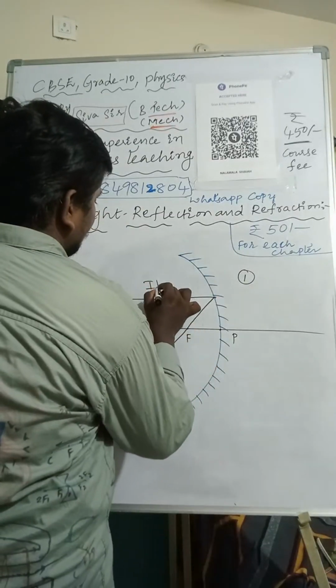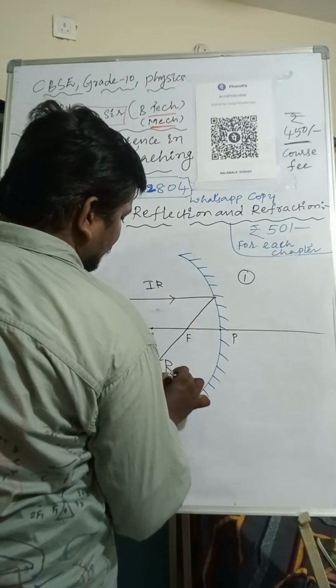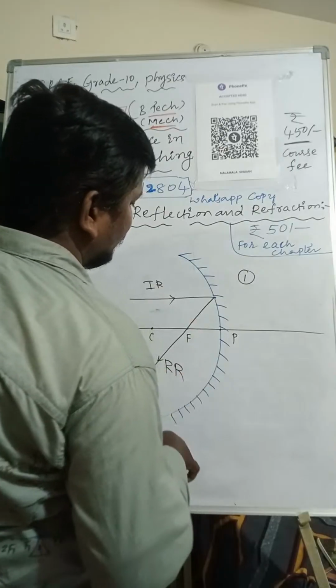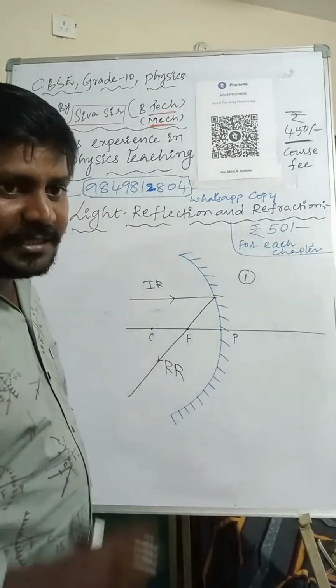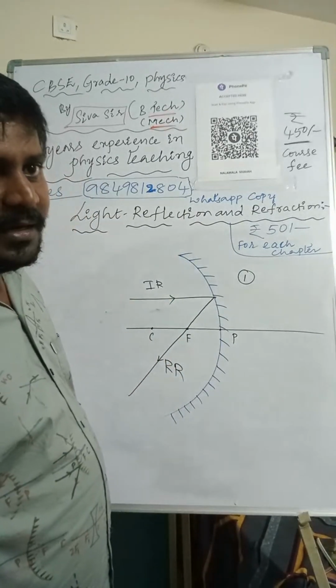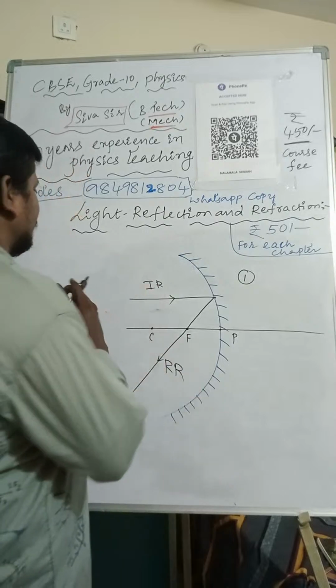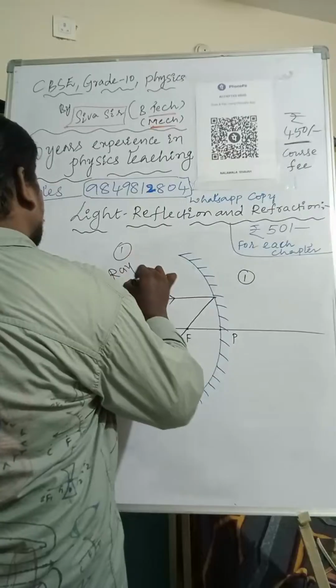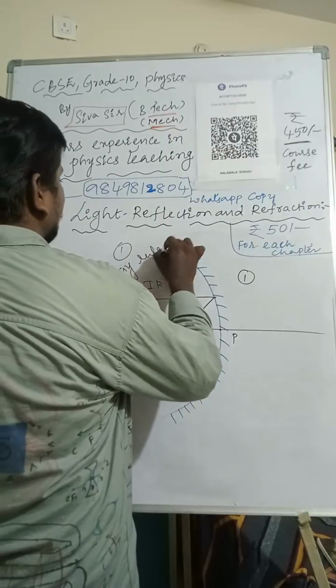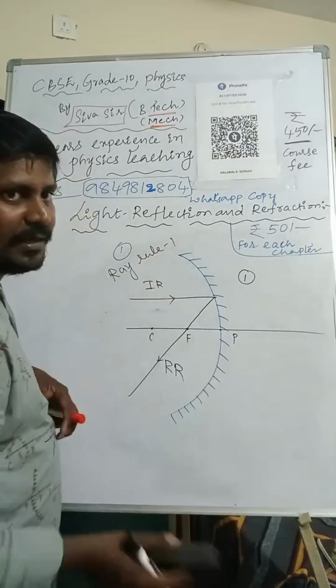I am considering this ray passing through focus. Clear? Understood? So this is ray rule 1. Clear? Next, ray rule 2.